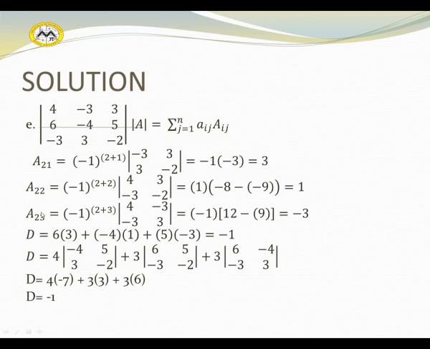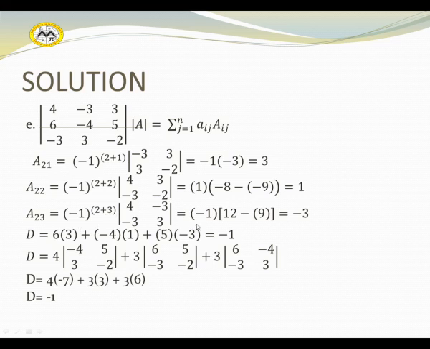Next is the cofactor of the second row, third column. We delete the second row and third column. The elements that remain are 4 and negative 3, which serve as the first column of the minor, and negative 3 and 3 as the second column. The cofactor is negative 1 raised to 2 plus 3, which is 5.